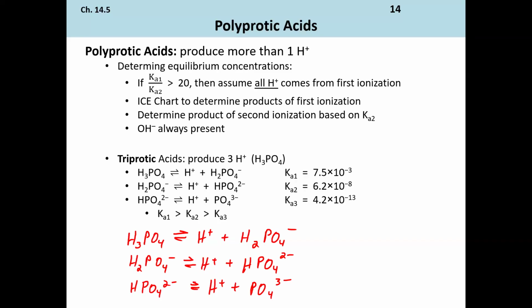And as you can see, the Kas are listed on the right there. Ka1 is always greater than Ka2, and it's always greater than Ka3. And usually, Ka1 is much, much greater than Ka2, right? Notice that's 10 to the minus 3 and 10 to the minus 8, right? So there is a 5 order of magnitude difference between the two, right?